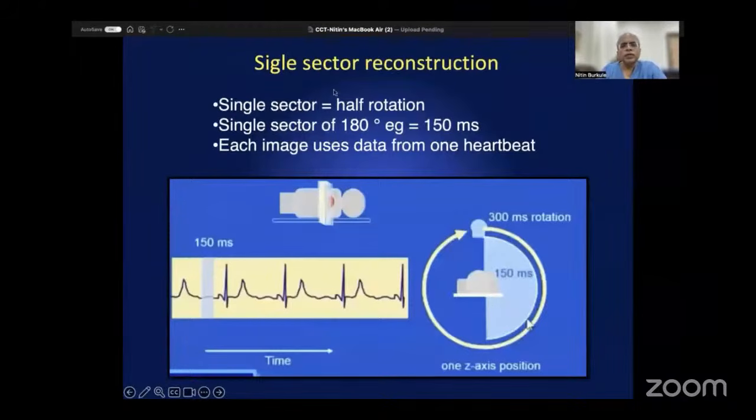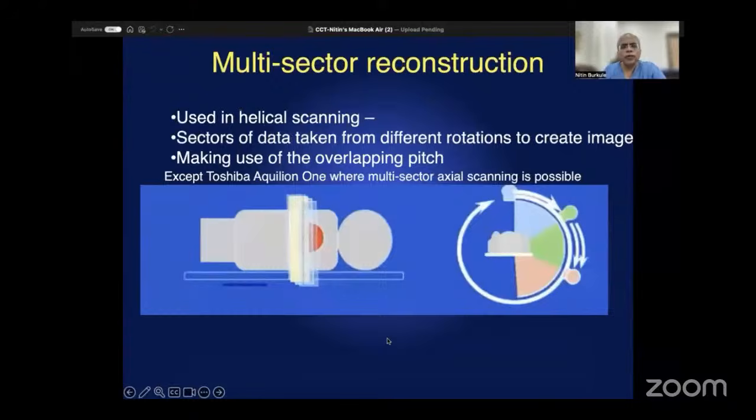So as we know, when we are using a single sector reconstruction, our temporal resolution would be limited by half the gantry rotation time. This is our imaging time window during which we are going to catch the coronaries. Now, suppose you acquire a sliver of this pie in subsequent cardiac cycles.